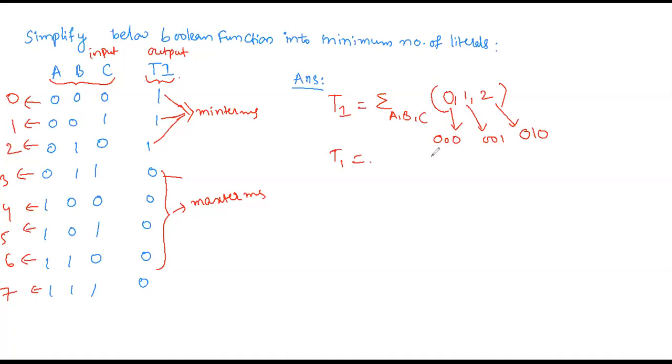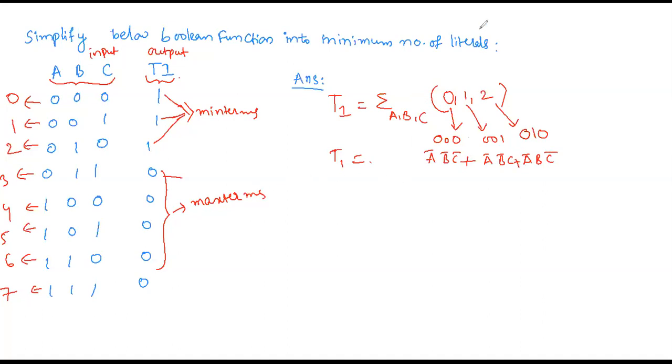So if you write it as an expression, it is A bar B bar C bar, A bar B bar C, A bar B C bar. This is summation.